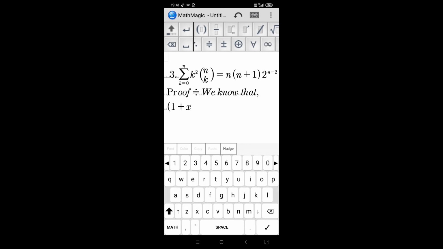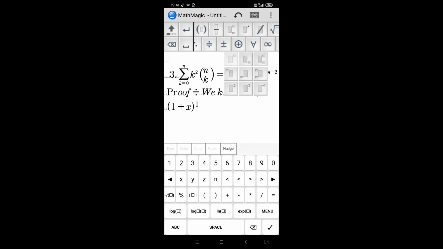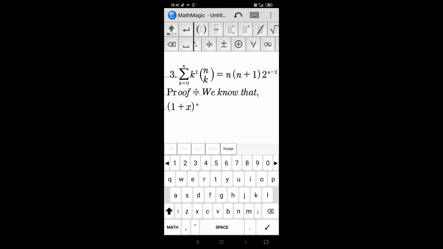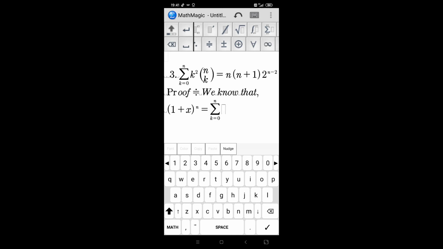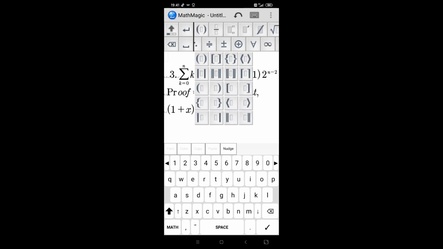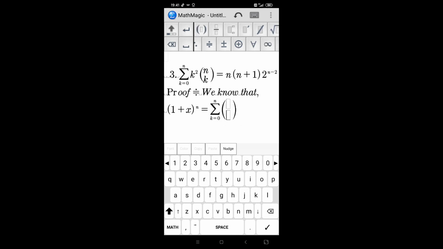So we know from the binomial theorem that (1 plus x) to the power of n equals the sum from k equal to 0 to n of n combination k times x to the k.